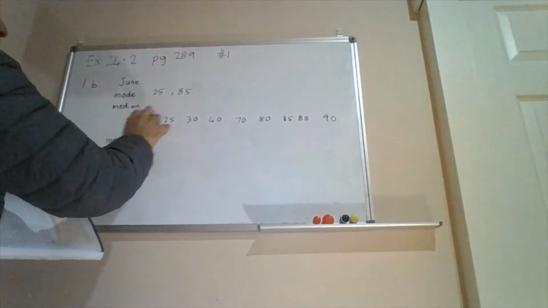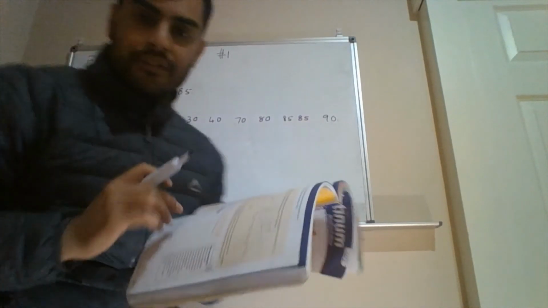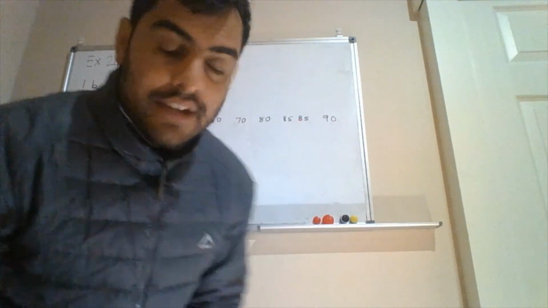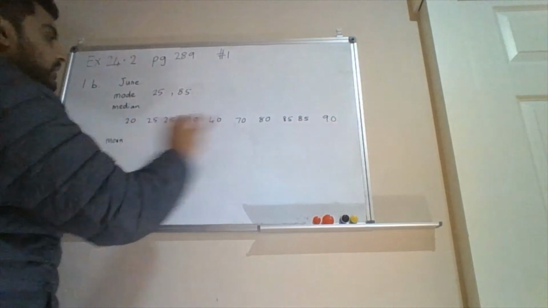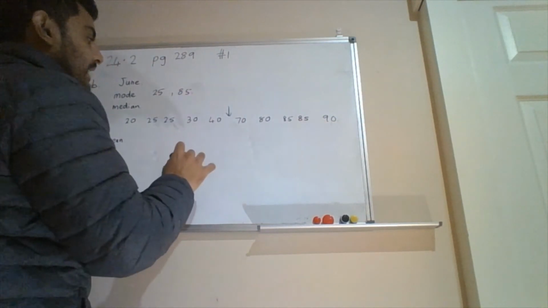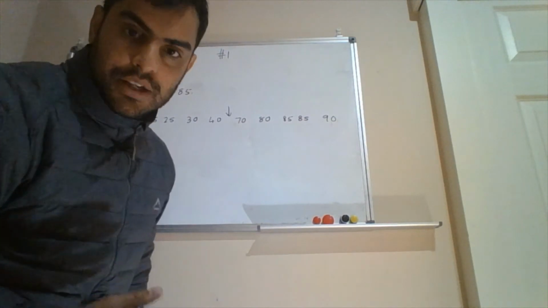So we've got 1, 2, 3, 4, 5, 6, 7, 8, 9, 10 of our learners ordered from lowest to highest. Now, because there are 10 values, our median is right in the middle, so it's actually between our 5th and 6th value.